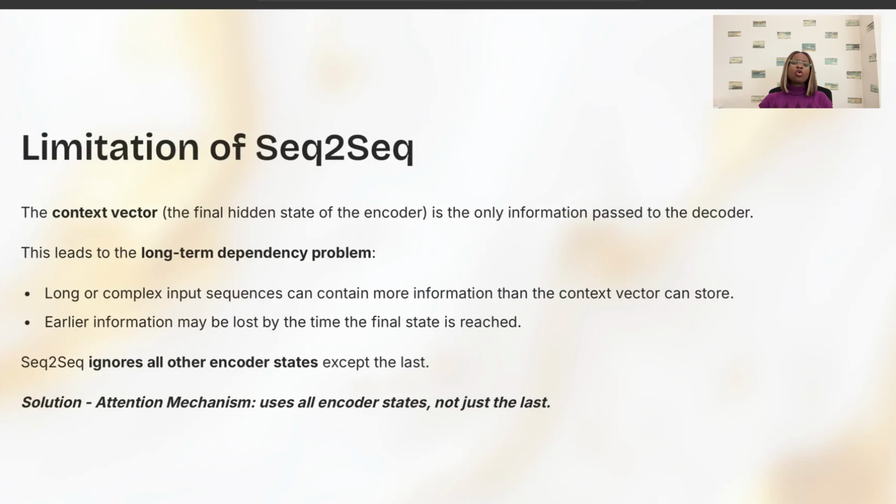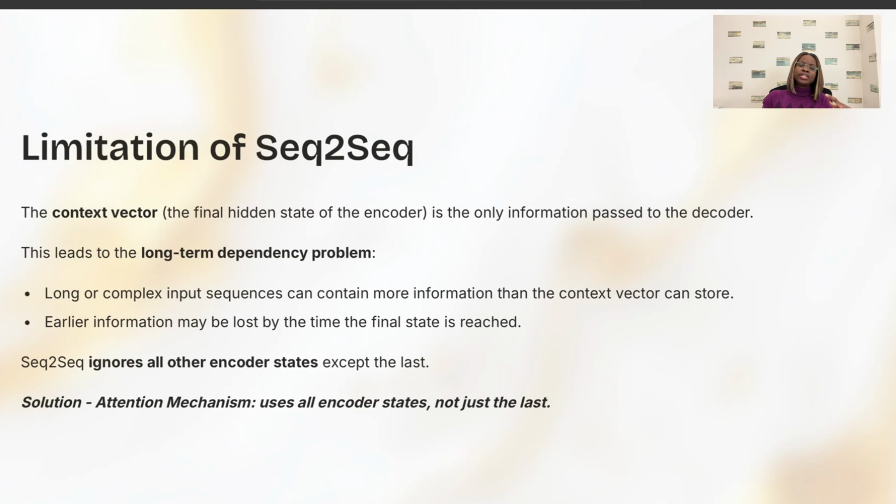Finally, let's highlight the limitation of sequence to sequence. This context vector, which is basically the final hidden state of the encoder, is the only information passed to the decoder.